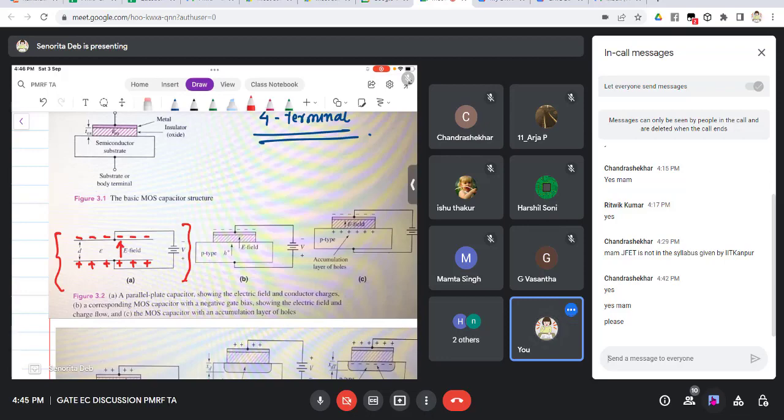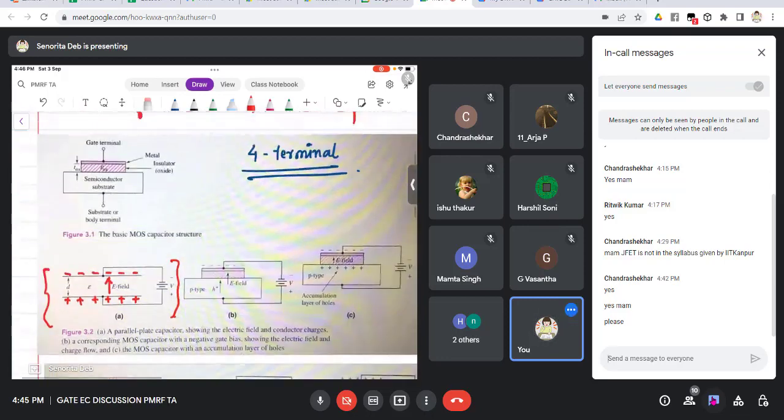This is basic, right? Here also there is one metal and there is one semiconductor substrate. The semiconductor substrate and the metal are actually behaving as two parallel plates of the capacitor, and the oxide in between is behaving as the dielectric.